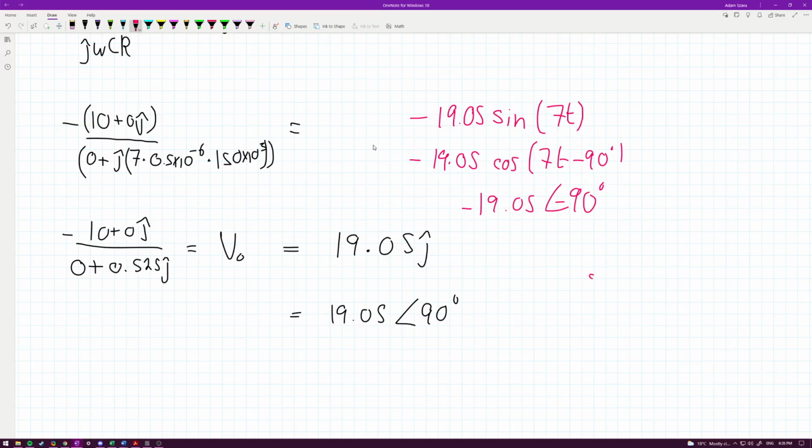So a vector of length 19.05 at negative 90 degrees: the direction it's facing, you measure from here, so the angle is negative 90, 90 down. But then the actual magnitude is negative as well, so it points up instead of down. So that's your 90 degree or negative 90 degree rotation.